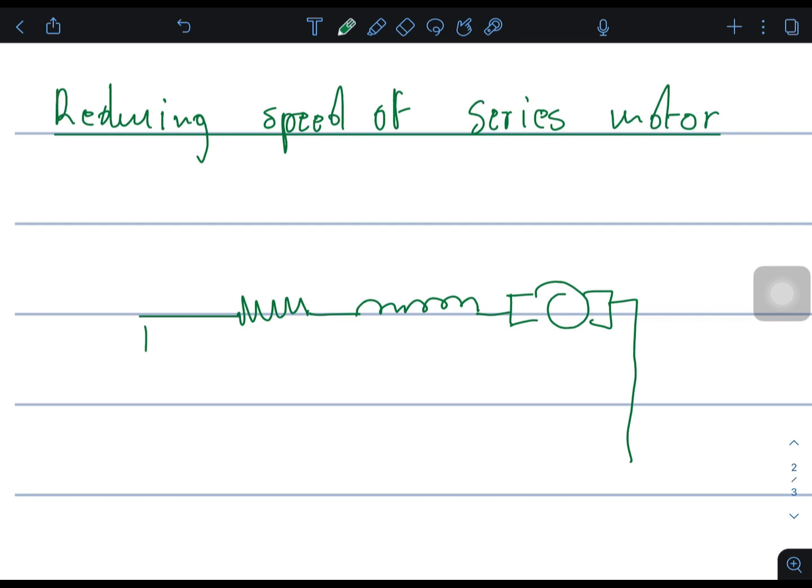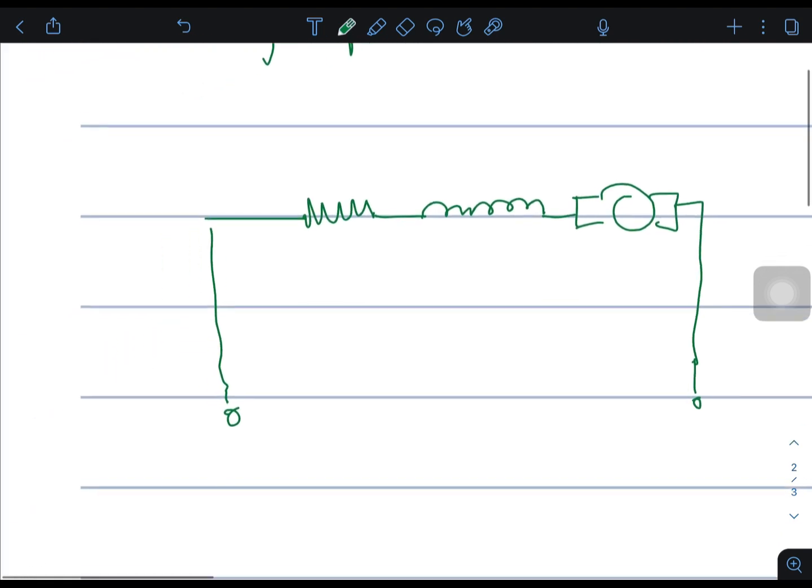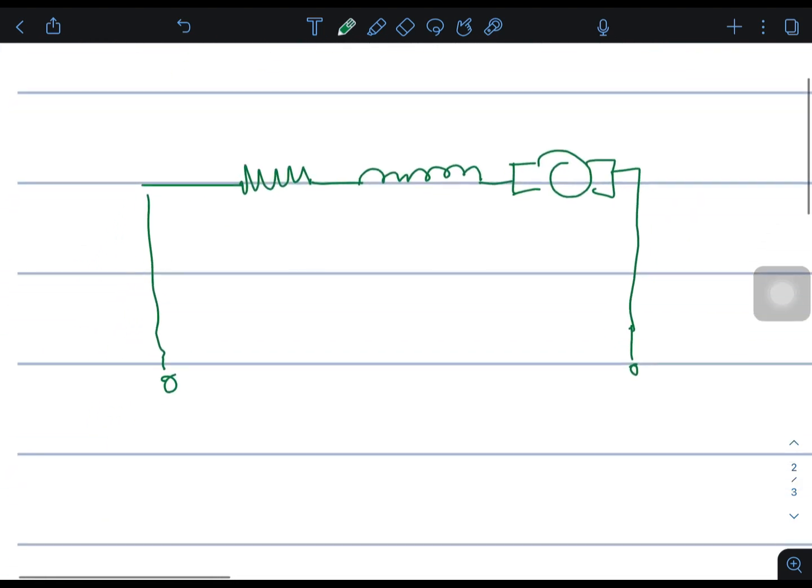So your resistances are connected in series, maybe RX, then maybe the resistance of the series winding, and the resistance of the armature. I load, I series, I armature.